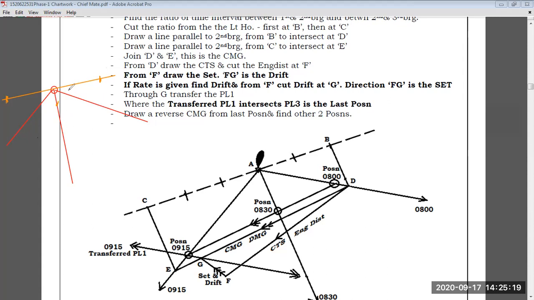So we cut 6 miles here and 9 miles here, and from here we draw a line which is parallel to the second bearing. Then wherever these lines cut the initial and final bearing, we join them, and this is our course made good.